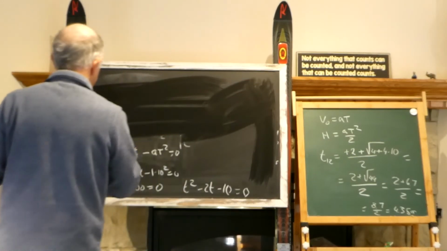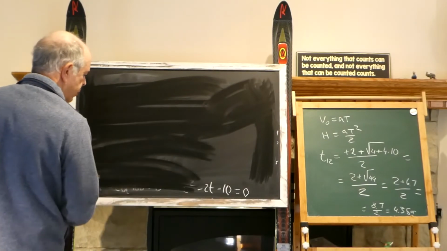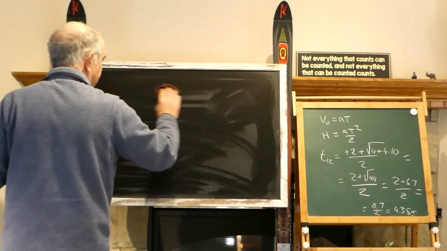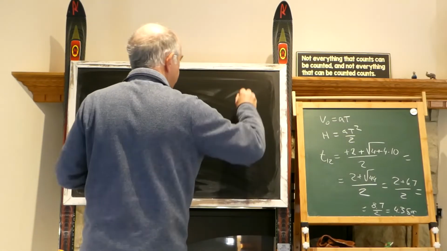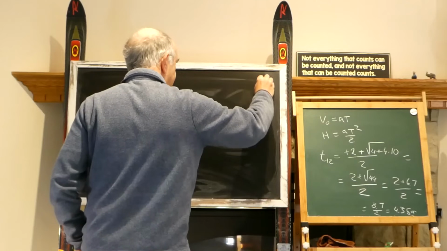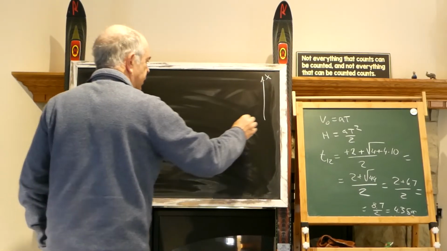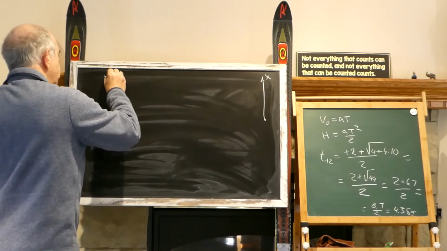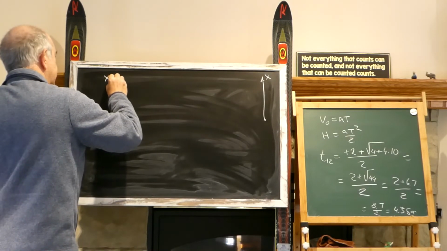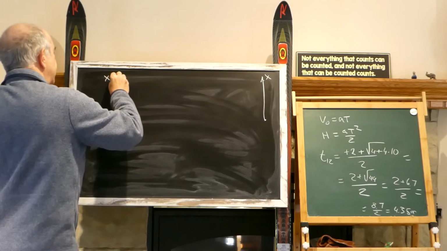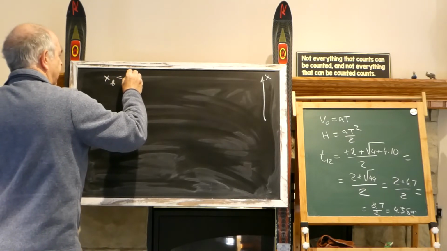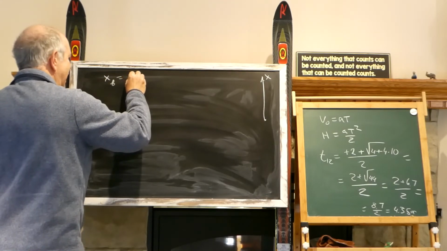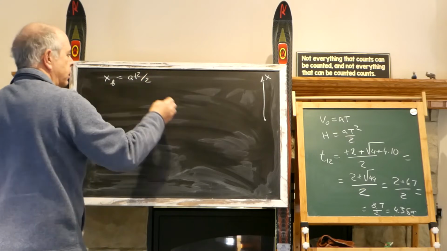Let's find out just by drawing what happens with the balloon at that moment. So let's draw the same picture again. Let's say that this is X, and the aerostat balloon would be X B equal to 0 plus, we know this formula, a t squared over 2. I wrote it already.